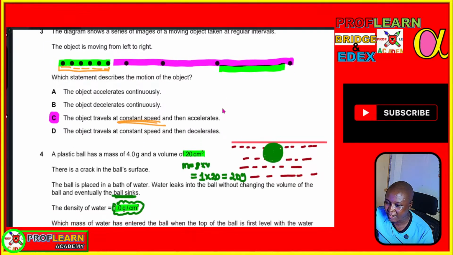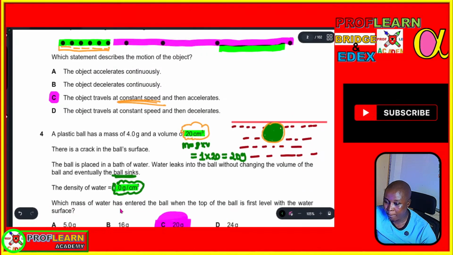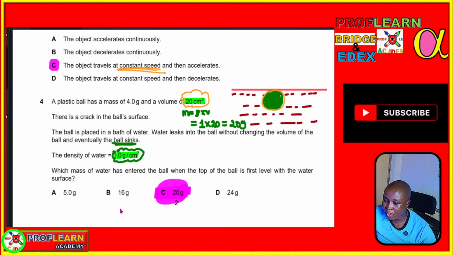A plastic ball has a mass of 4.0 grams and a volume of 20 centimeter cubed. There is a crack in the ball surface, and the ball is placed in a bath of water. Water leaks into the ball, so this water is going to occupy a volume of 20 centimeter cubed, and we are told that the density of water is 1.0 grams per centimeter cubed.